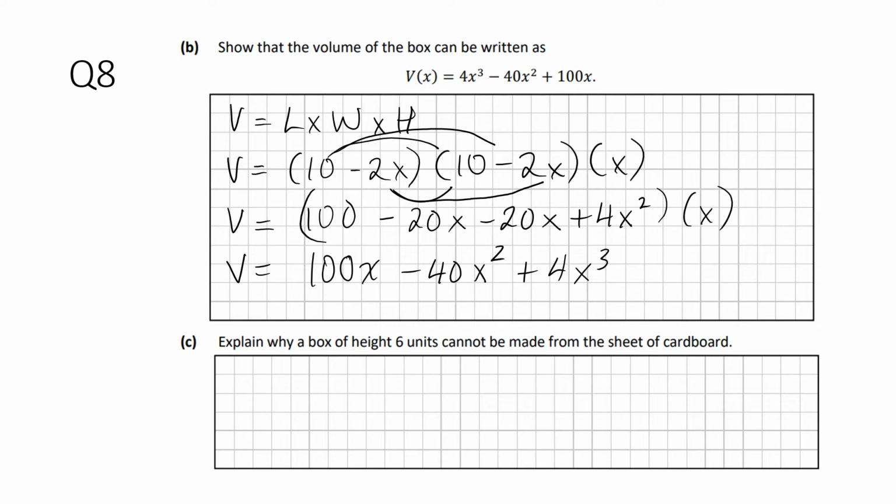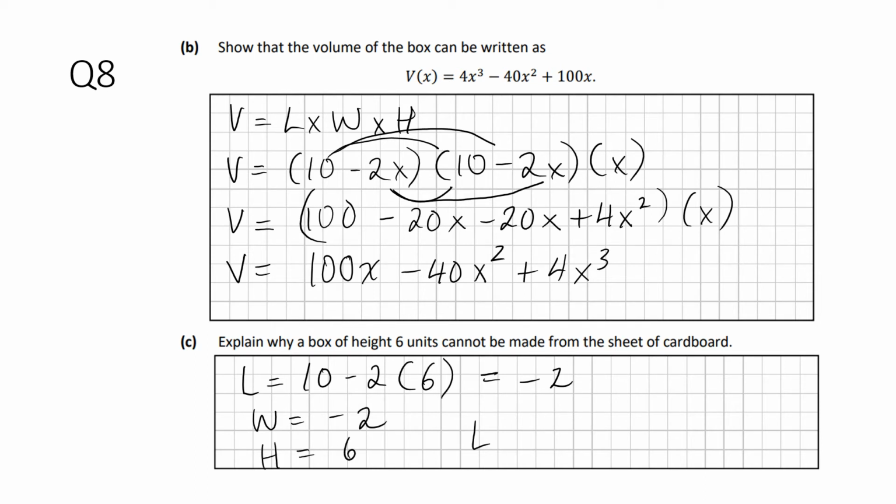For part C, you're asked to explain why a box of height 6 units cannot be used for the cardboard. Well, if we start subbing that in for 10 minus 2x, so the length is 10 minus 2x, and we're saying x is 6. Well, that would give us 10 minus 12, which is minus 2. And the width would also be minus 2. And the height is 6.